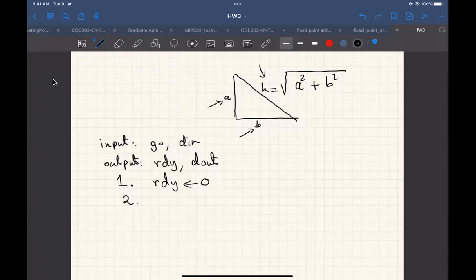So we have to wait here for a positive edge on go, and then let me call this step 2.5, because it's basically at exactly the positive edge.